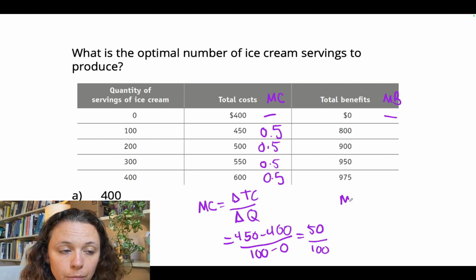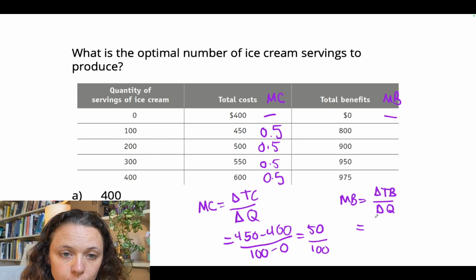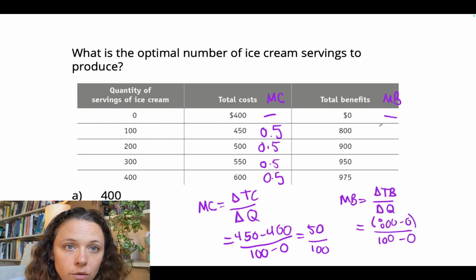Now the marginal benefit is going to be the same idea. It's going to be the change in total benefit over the change in quantity. And so that's going to be, for the first change, going from here to here, 800 minus 0 over 100 minus 0. So that's going to be 8. That's great.